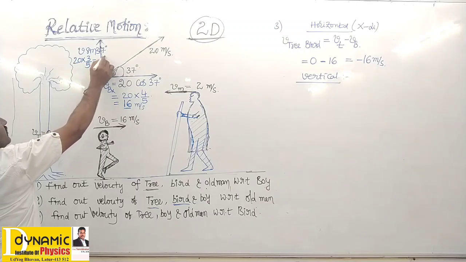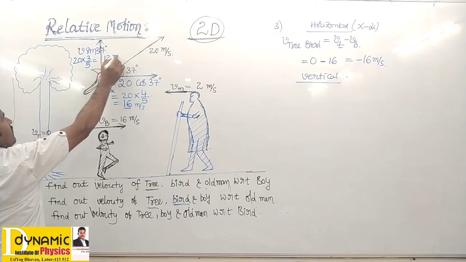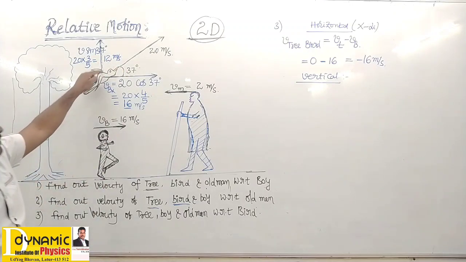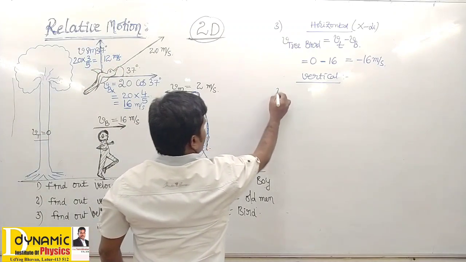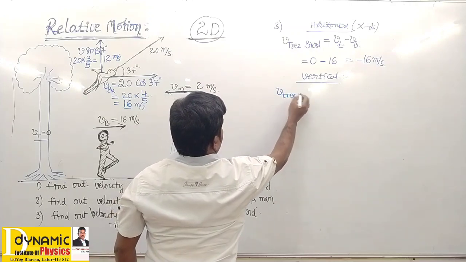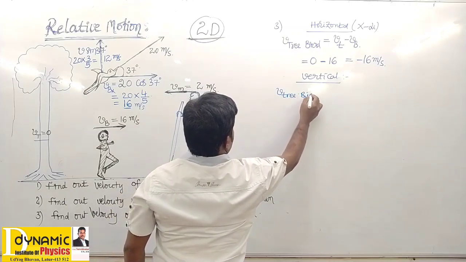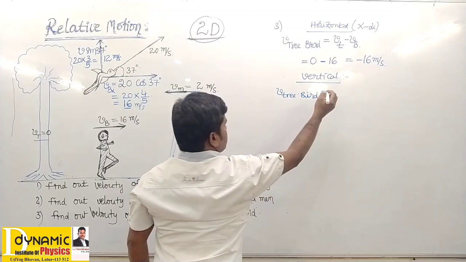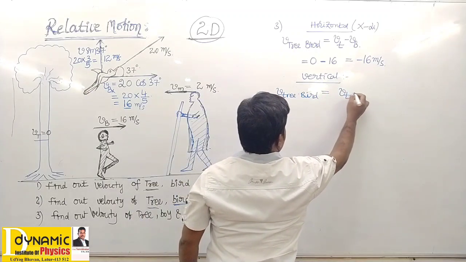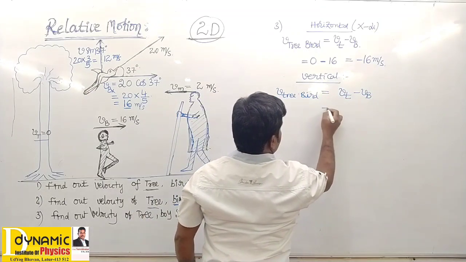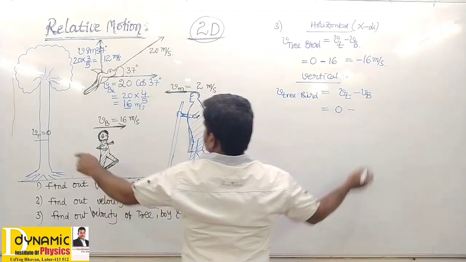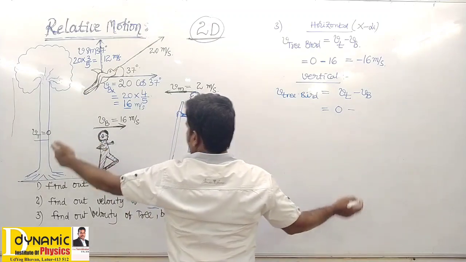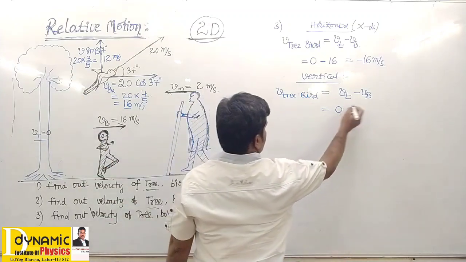Its value becomes 12. In the vertical direction, its velocity is 12 meter per second. In the vertical direction, V tree with respect to the bird is V tree minus V bird. The velocity of the tree in the vertical direction is 0.